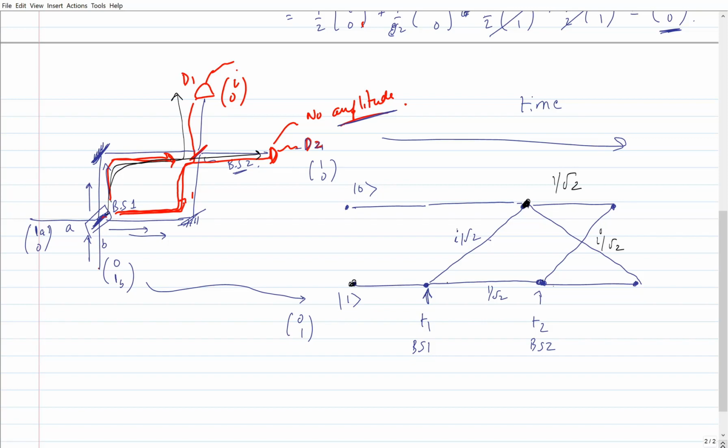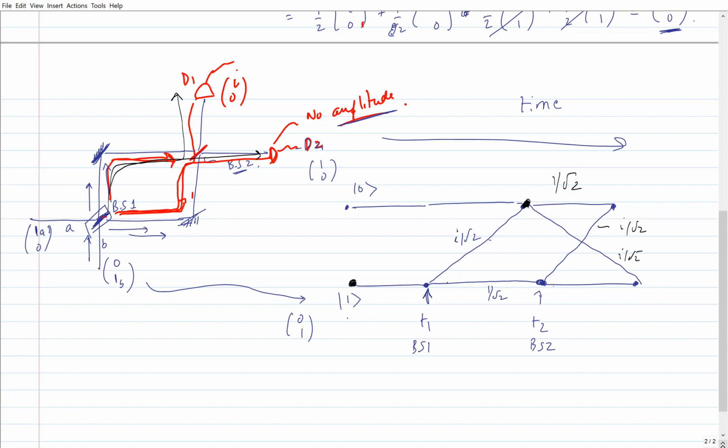So when I start with the state 0, 1, all I do is sum over all the paths. This path's probability amplitude was iota by root 2, and going from 1 to 0 was again iota by root 2.